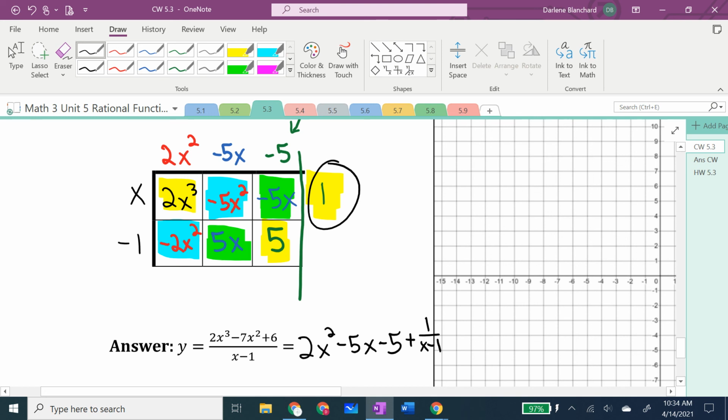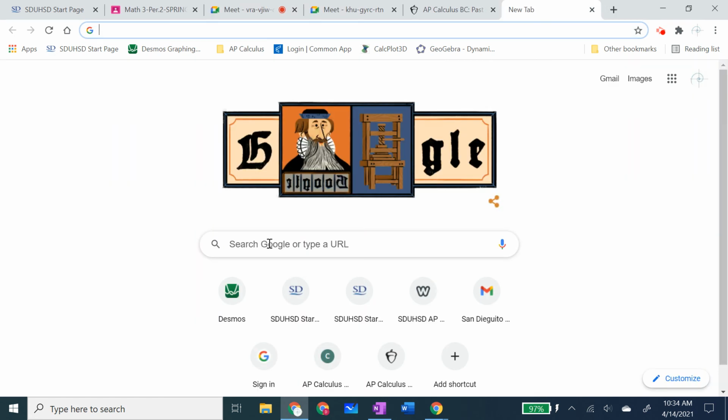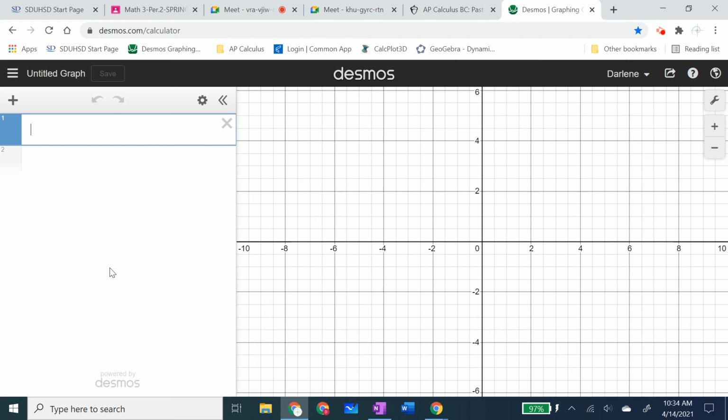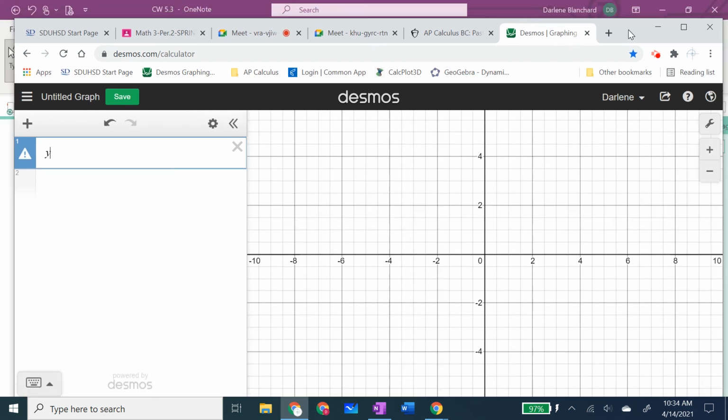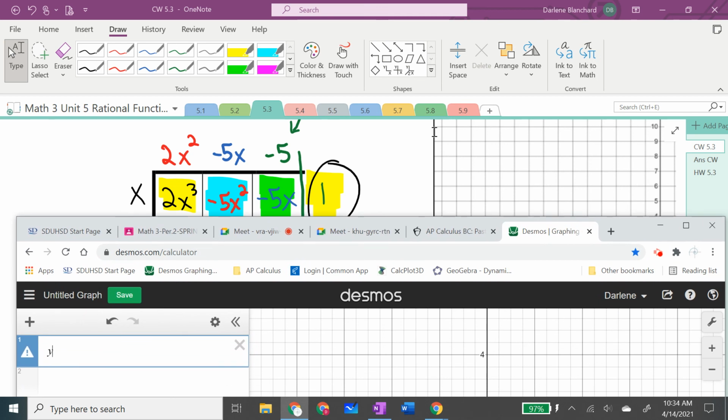Now, what I want you to do is get out a graphing device. It could be Desmos. And I want you to graph this function. So I need to remember what I am graphing. Give me a second.